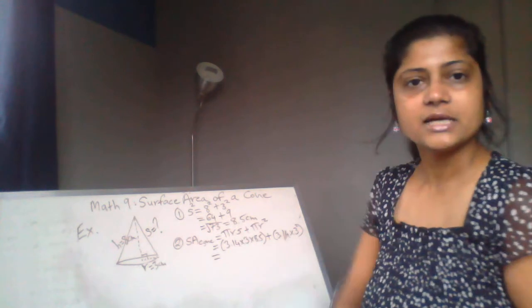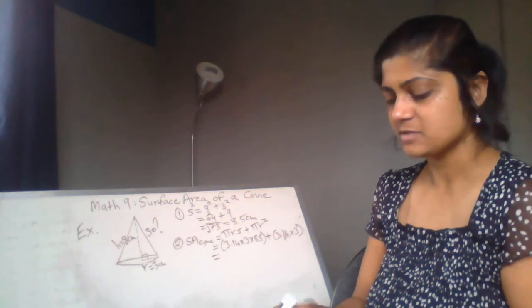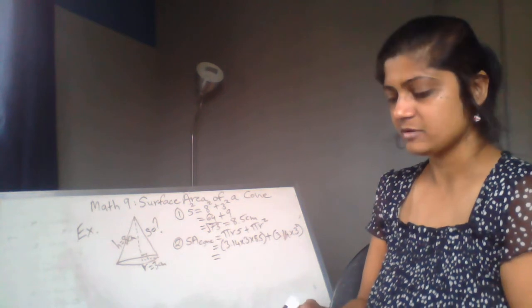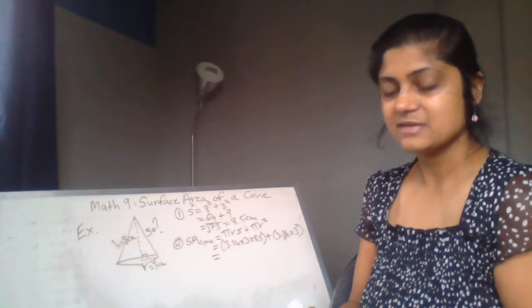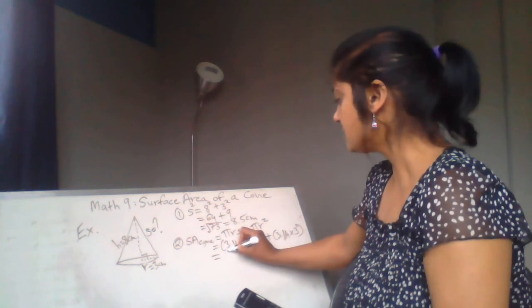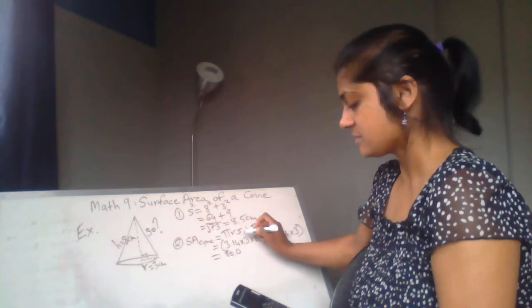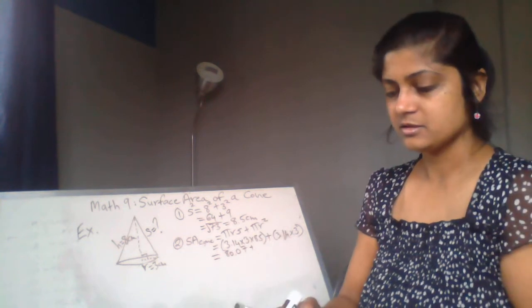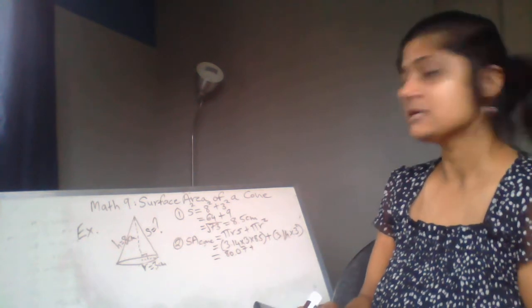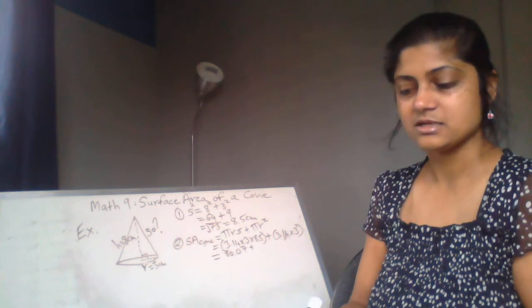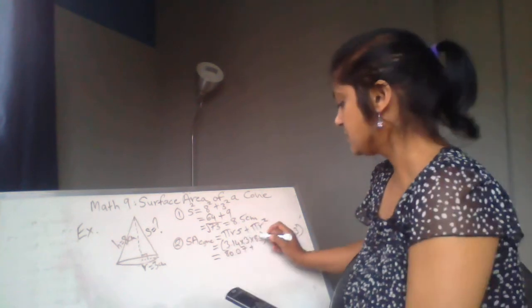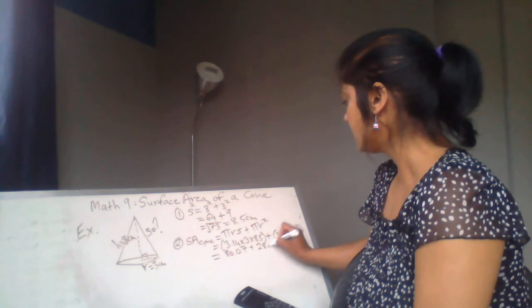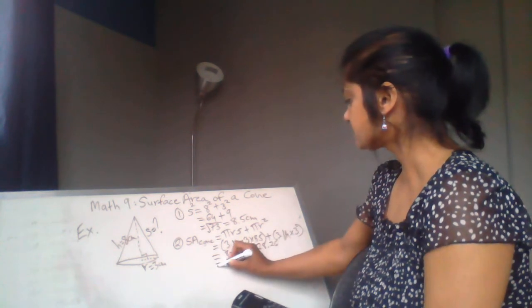Then you're going to do each of these calculations separately. So let's multiply: 3.14 times 3 times 8.5. Again, I'm not going to round it until the very end, so I'm getting 80.07. Plus 3.14 times 3 squared, so it's times 3 times 3, which is 28.26.